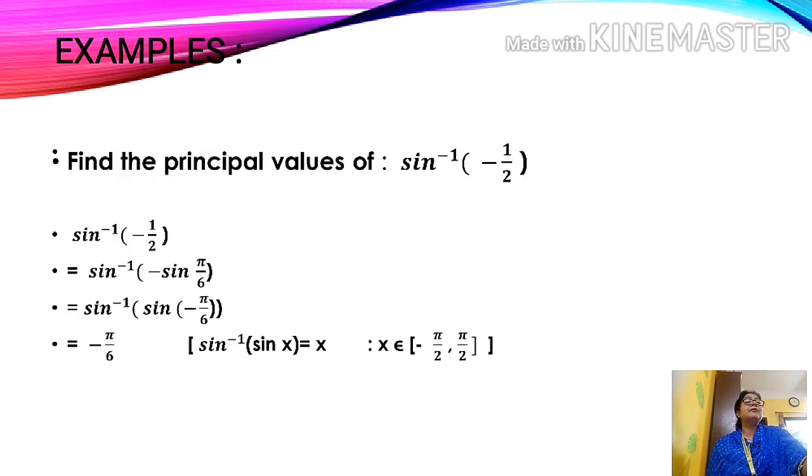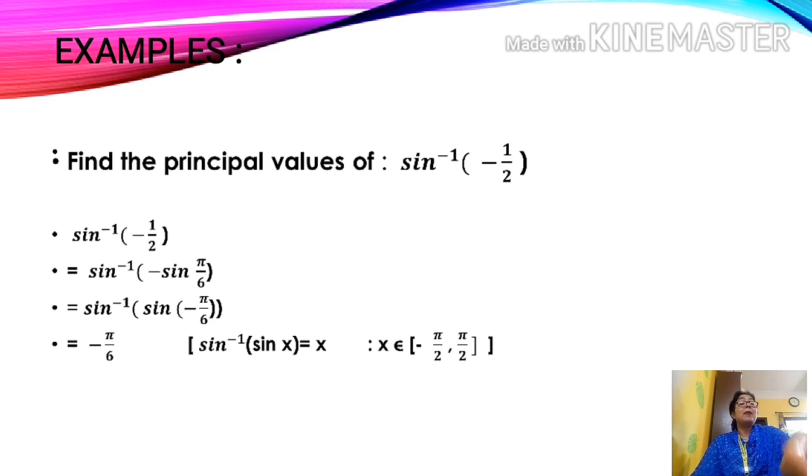Another sum, just check it. Find the principal value of sin inverse minus half. In place of half, we know that it is sin pi by 6 or sin 30 degree. This is another property, minus of sin x is equal to sin of minus x. So that minus sign we have written like sin of minus pi by 6.